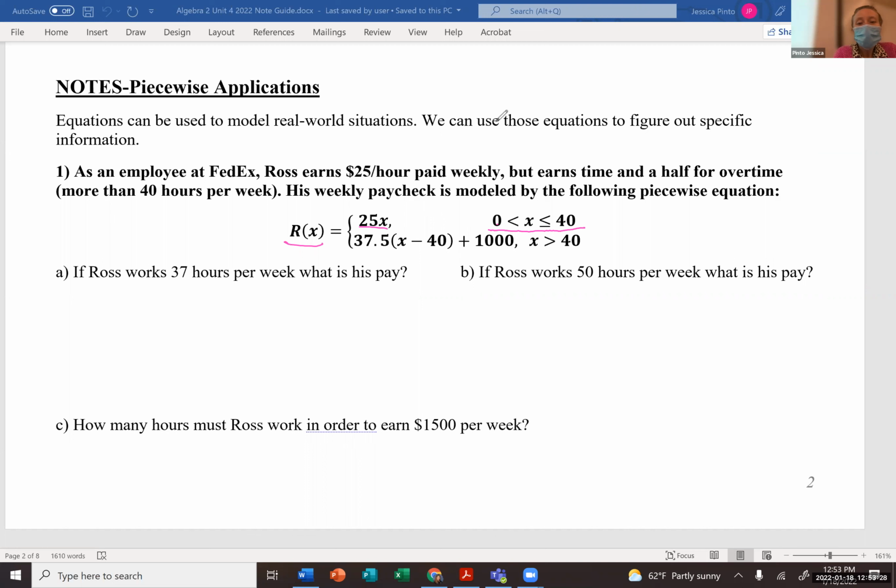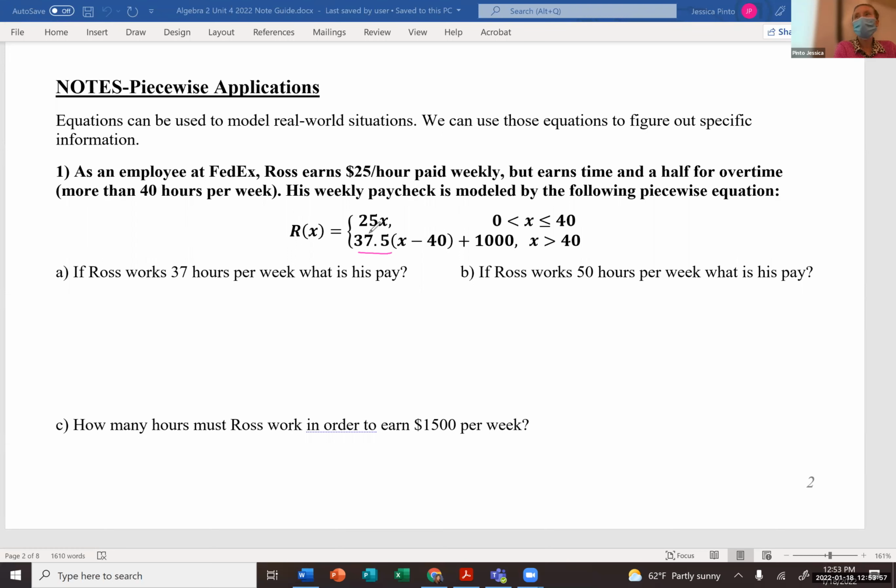The next part says 37.5. Tell your neighbor where 37.5 came from. Okay, so hopefully you guys knew 37.5 is 25 plus half of 25, 1.5 times the salary.